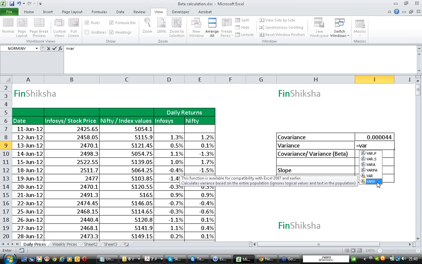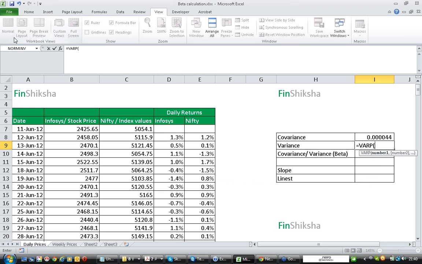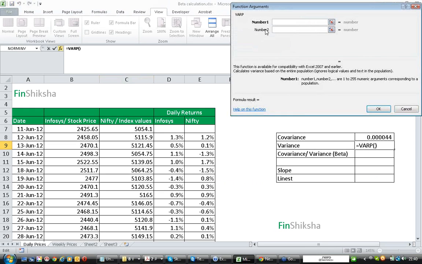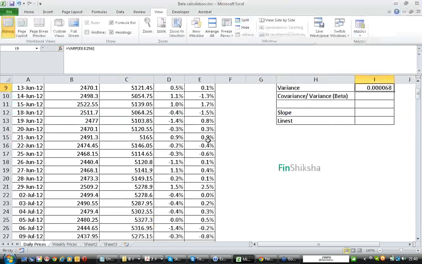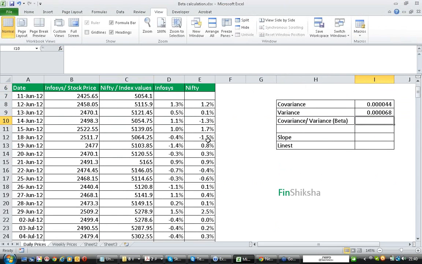In this case, we are calculating variance for the population, so we'll use the function VARP. Select the daily returns of the market, that is Nifty, and click enter. Now beta will be given by covariance by variance. So the beta of Infosys is 0.64.